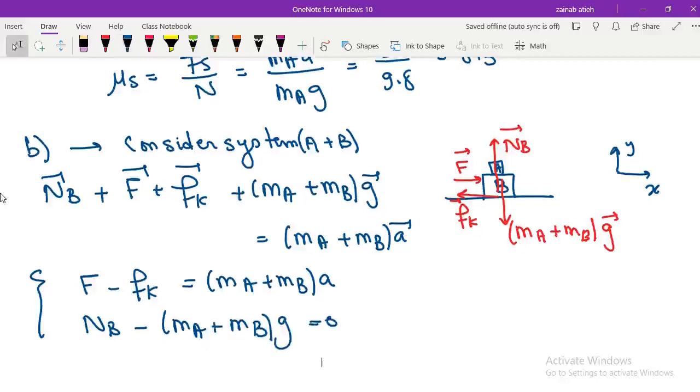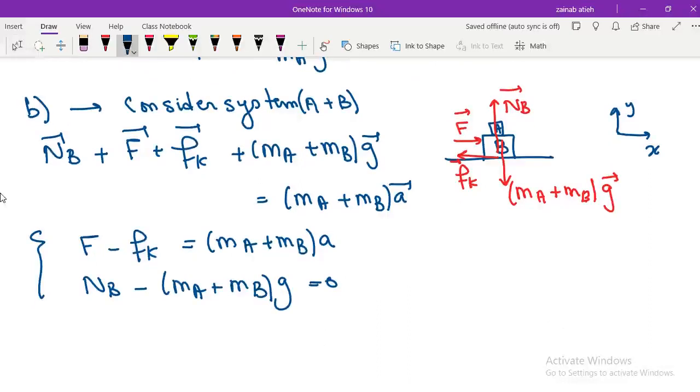Now I want to find A. I don't have FK, but mu K is given, so I can use mu K to find FK, because FK is equal to mu K N.